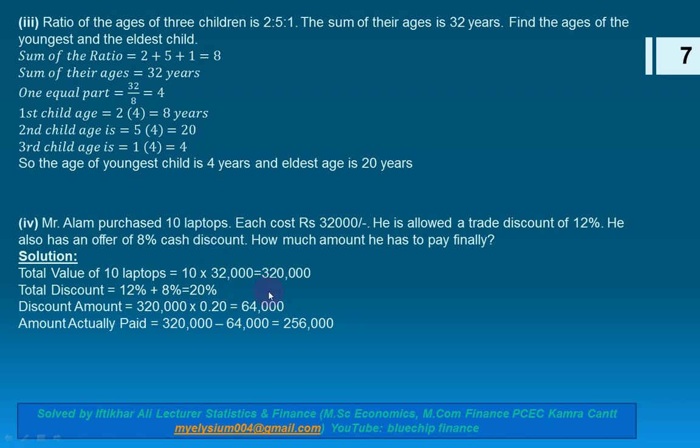The value of 10 laptops is 3,20,000, and normally the trade discount amount is given after deducting the trade discount, but if you want to add up these two discounts, total discount is 20%, so simply calculate the 20%, or you can also solve the 8% separately.